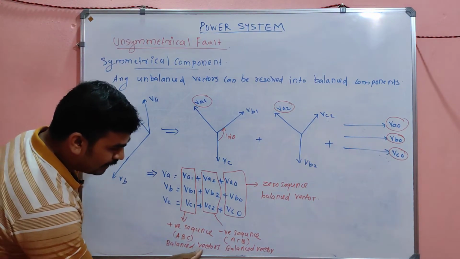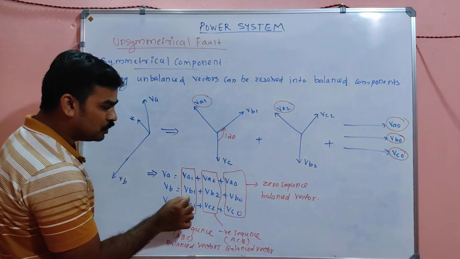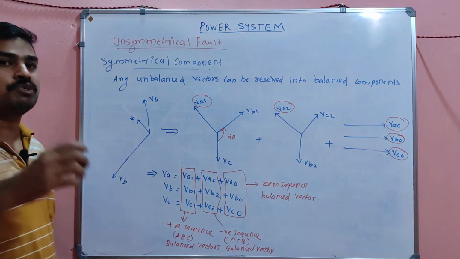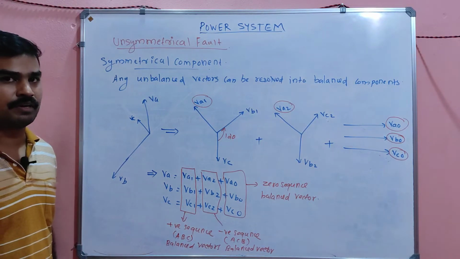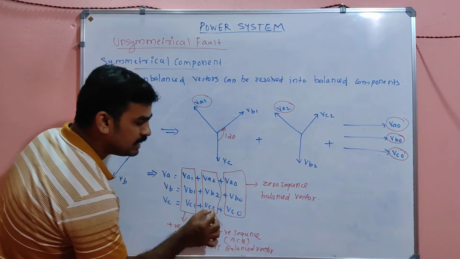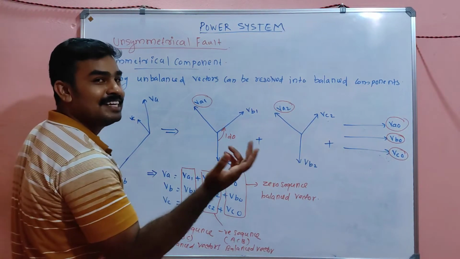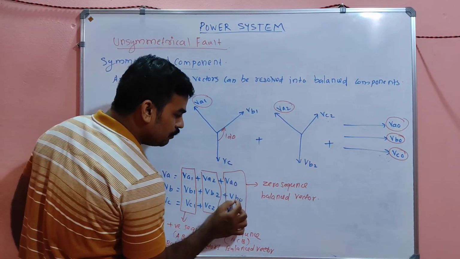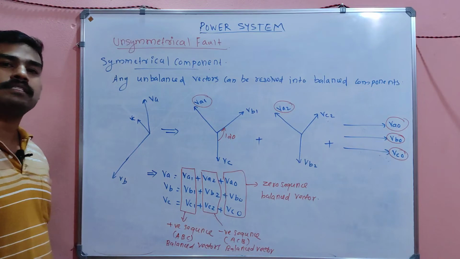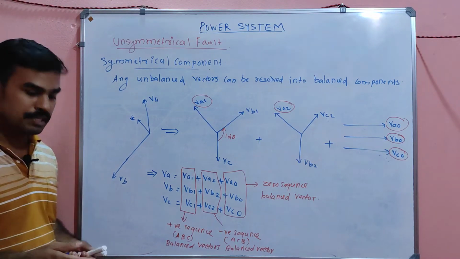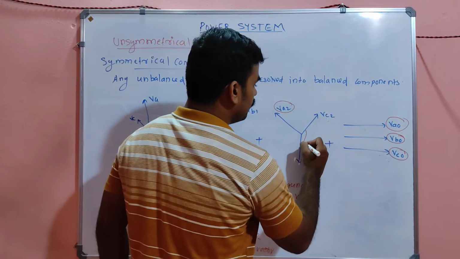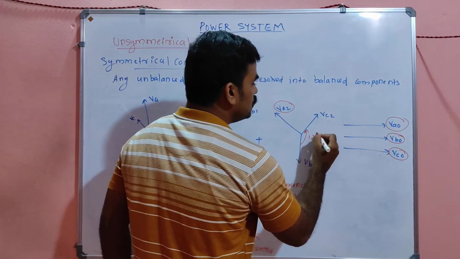The meaning of balanced, my dear, is that VA1, VB1 and VC1 magnitudes will be the same, though the phase values may be different. VA2, VB2, VC2 magnitudes will be the same. VA0, VB0, VC0 magnitudes will be the same, and the phase angle between these vectors will also be the same, that is 0 degrees between the three.